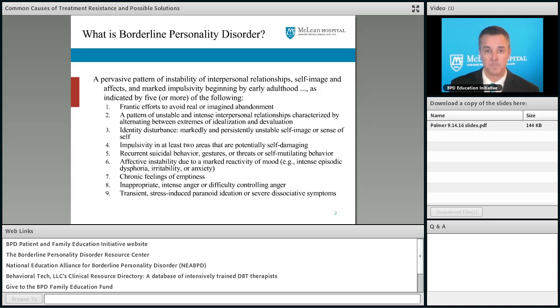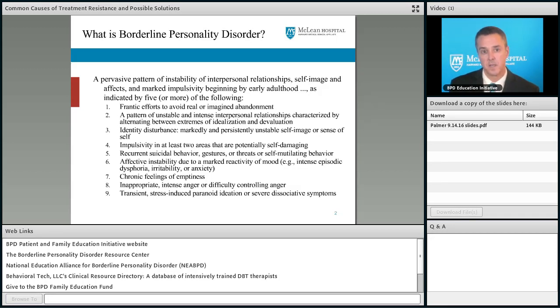A couple of points I want to make about that, though, are that 2 people who are diagnosed with borderline personality disorder can look and act very differently. And in reality, they probably do have a different illness, or at least a different constellation of things going on.